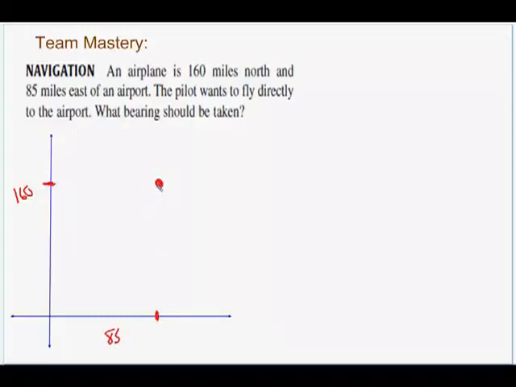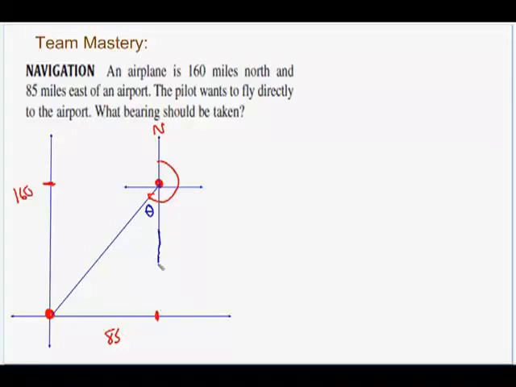So our plane is right about here. It has its own north-south bearings. We want to get back to the airport. So we want this to be our flight path. Of course, here's our north-south line. We want to find this angle. And to find that, just like the last problem, we want to find this smaller angle in here, theta.